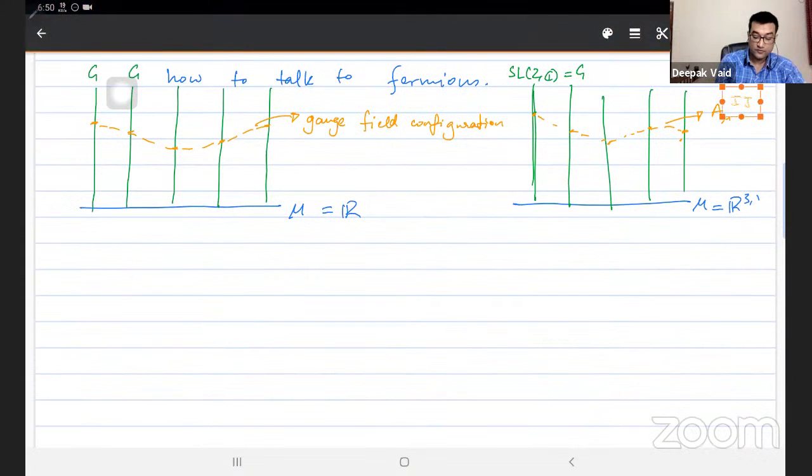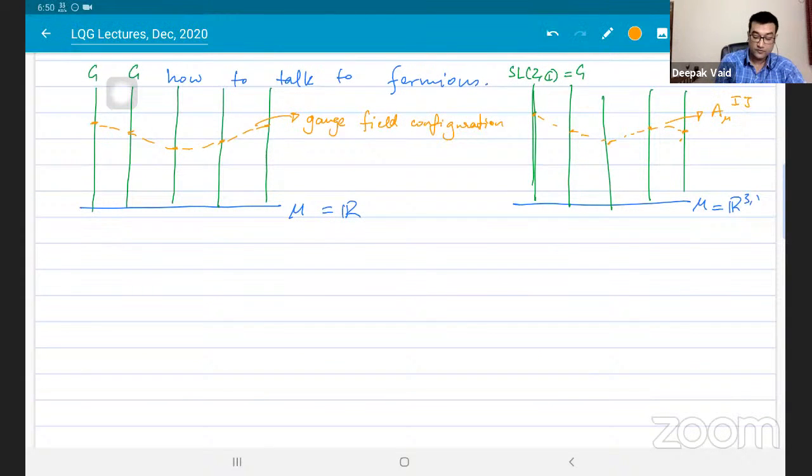S2C gauge connection. I have nothing to show here.